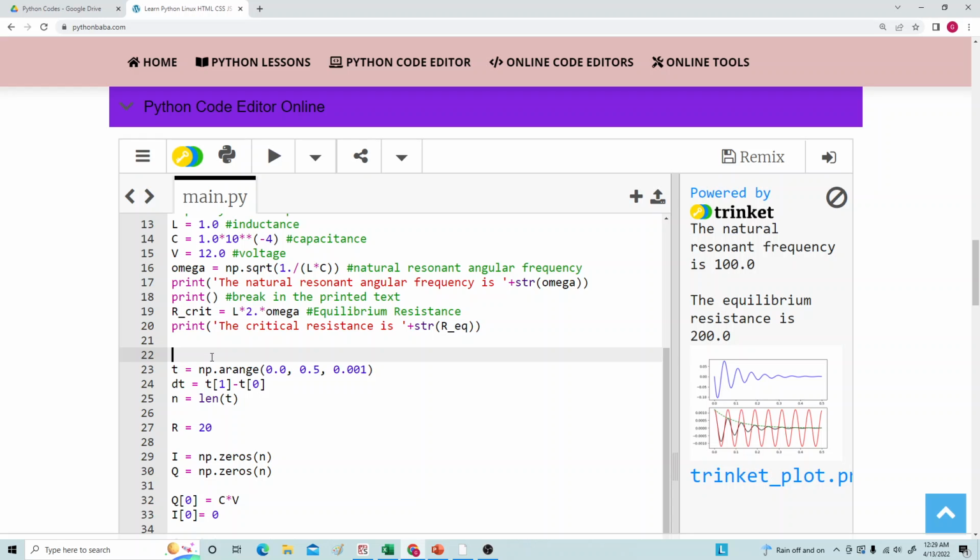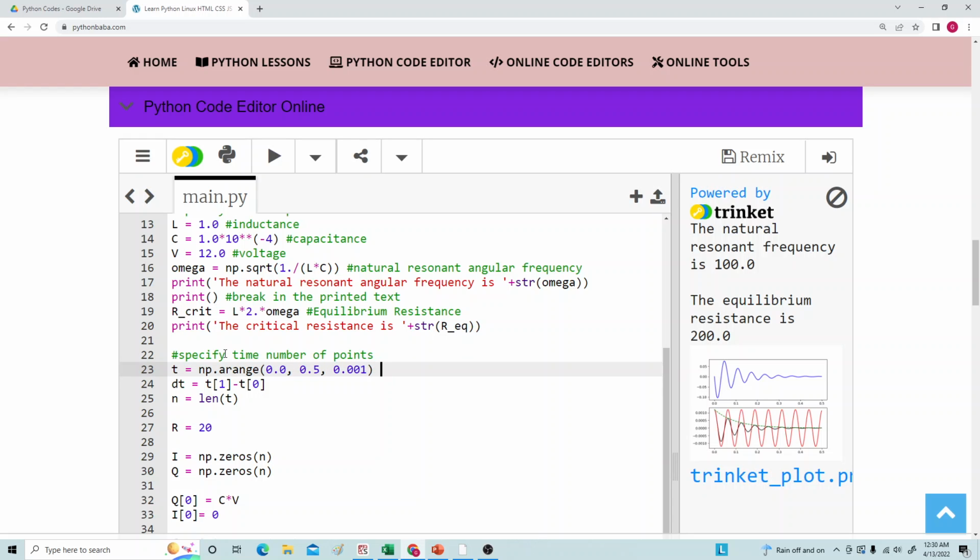Okay, so now we're going to specify the time and number of points. This is going to specify our time range and the number of points we want to take into account.